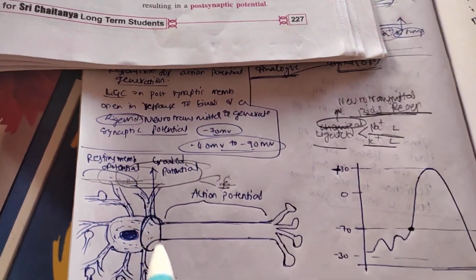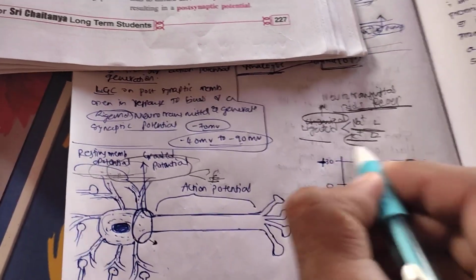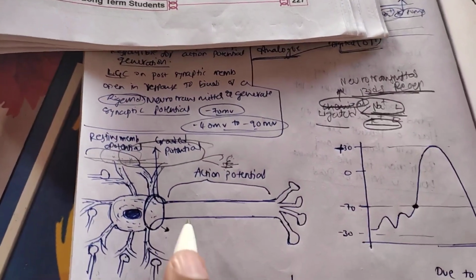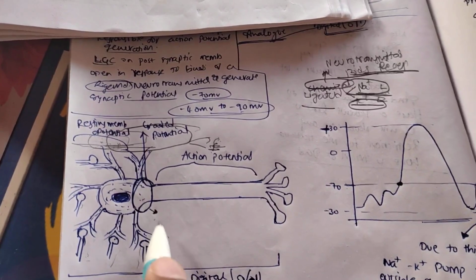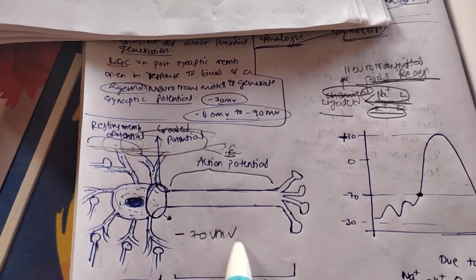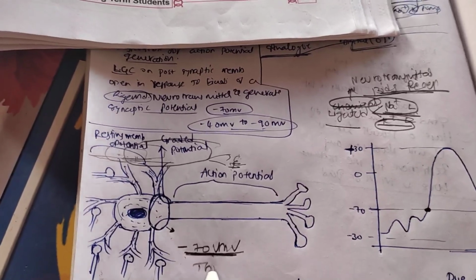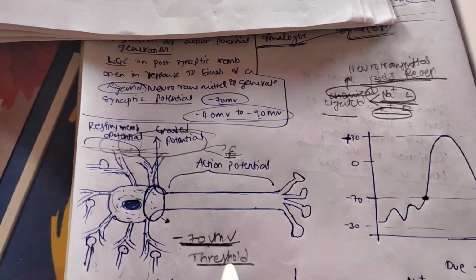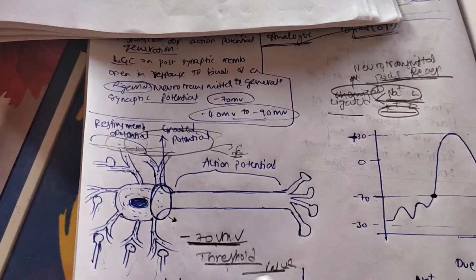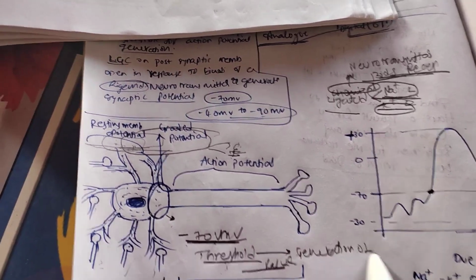Then it opens the sodium and potassium ligated channels, and finally tries to bring the potential to minus 70 millivolts. This causes the threshold value that leads to the generation of action potential.